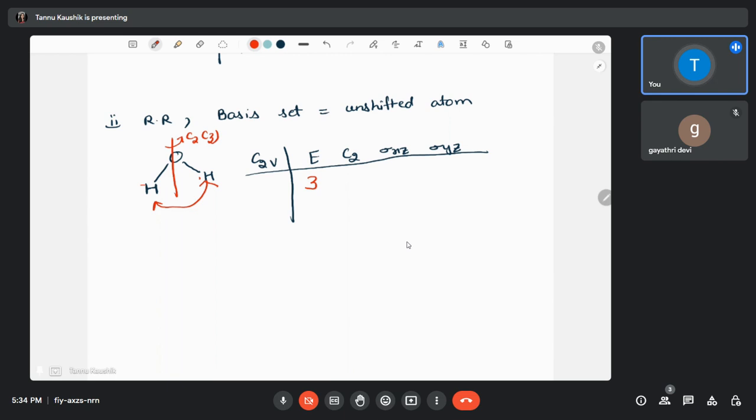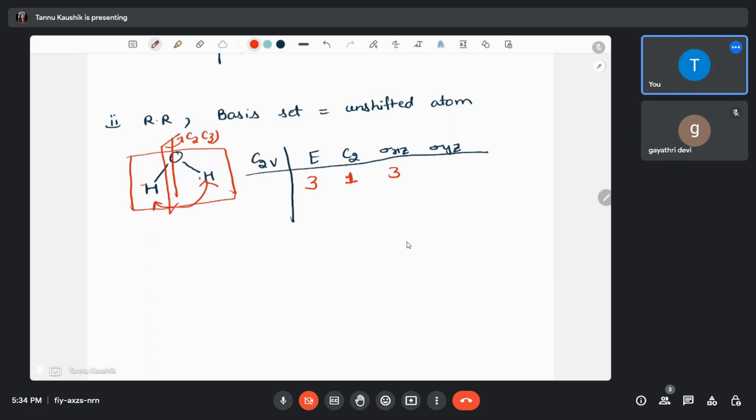So only one atom remains unchanged during this operation, which is the oxygen atom. So it will become 1 here. And if we apply sigma xz, which is the molecular plane, there are no changes in the whole molecular system. So it will give 3 as the reducible representation.